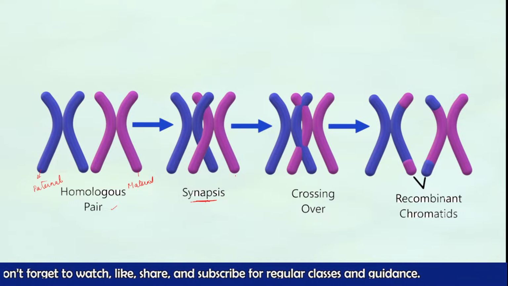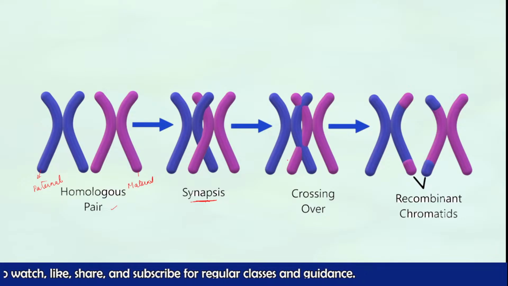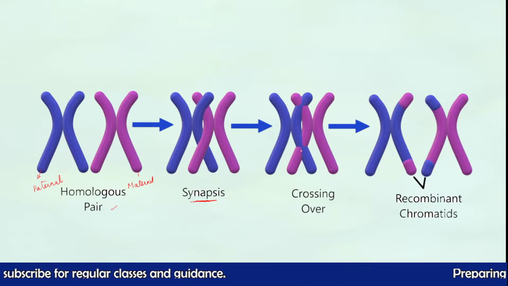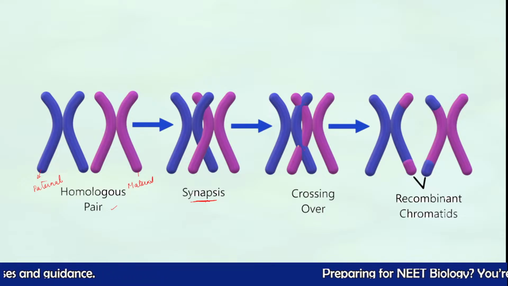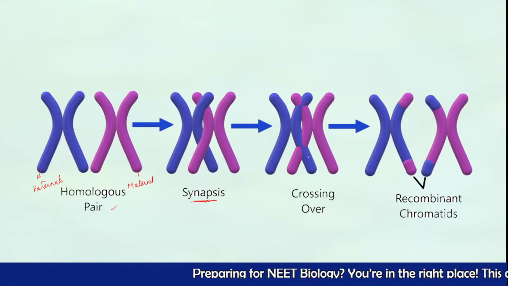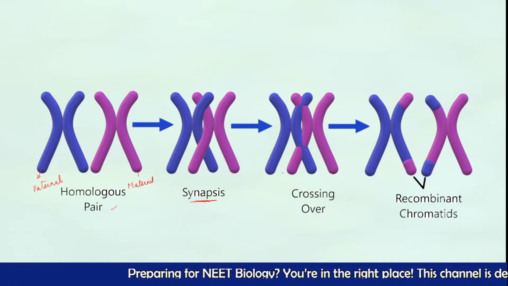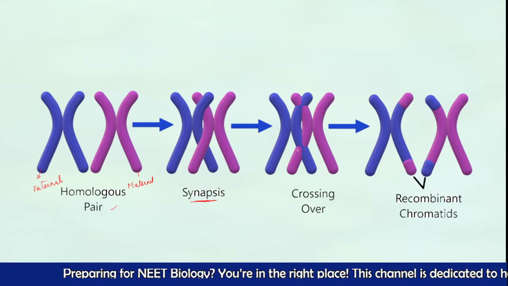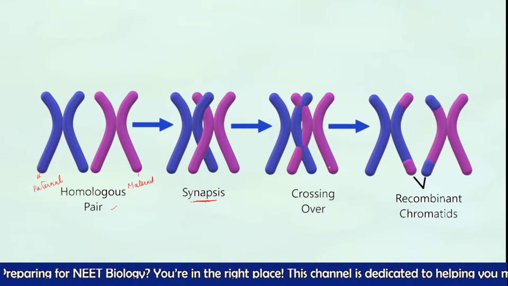After that, in the next stage they cross over each other, and there is a breakage of the chromatids, and then they exchange their parts. So the blue chromosome exchanges some part with the pink chromosome.